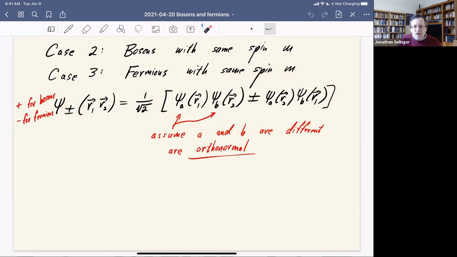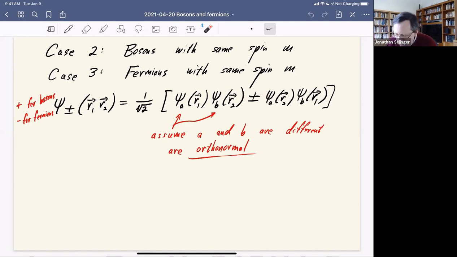It doesn't care whether particle 1 is in state A or particle 2 is in state B, or vice versa. The only difference between bosons and fermions is whether it's a plus or a minus in between those things. Can one little plus or minus sign make a big difference? Let's find out. That's what we're going to see here.